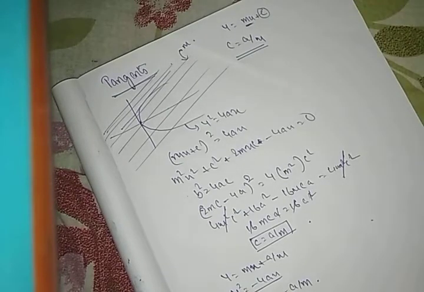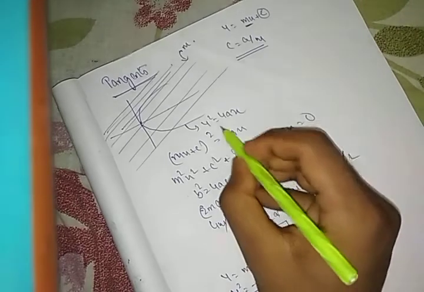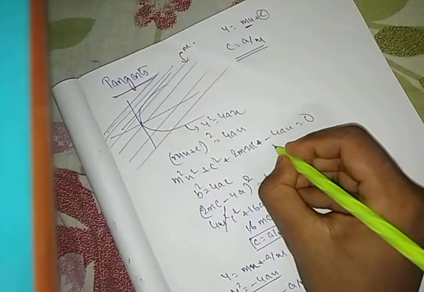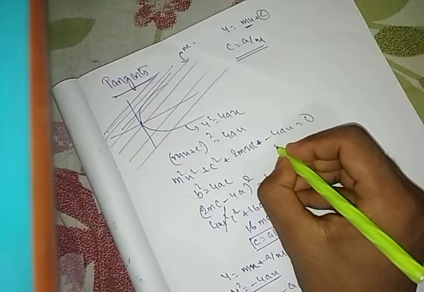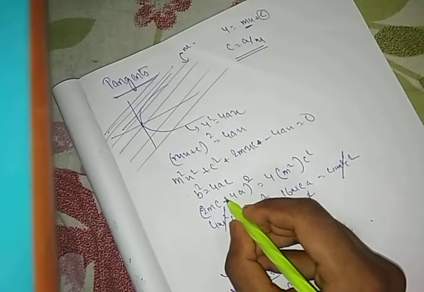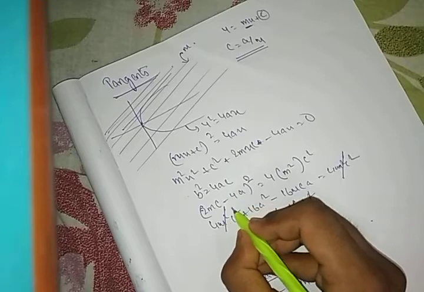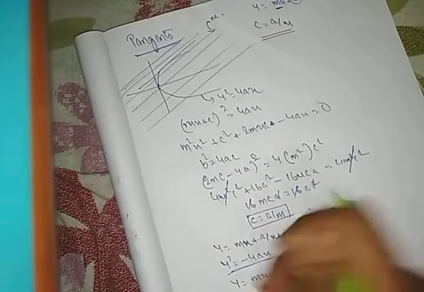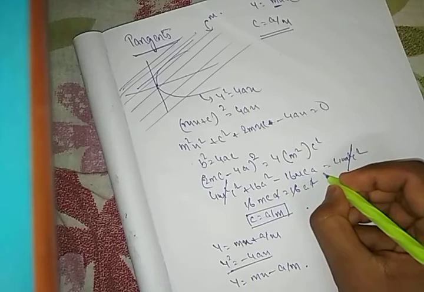So what can be the change? Yes, the change will be, if this is minus 4x, then this would become plus. If this is plus, then here you have got one plus. What if this becomes plus? Then this should also become 16mca.